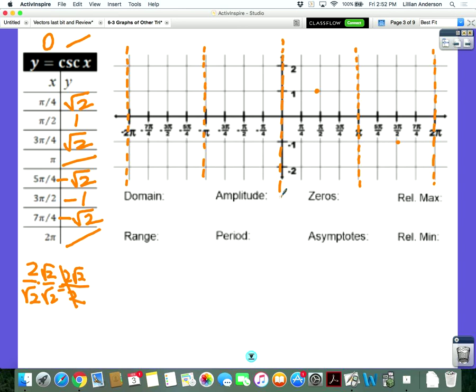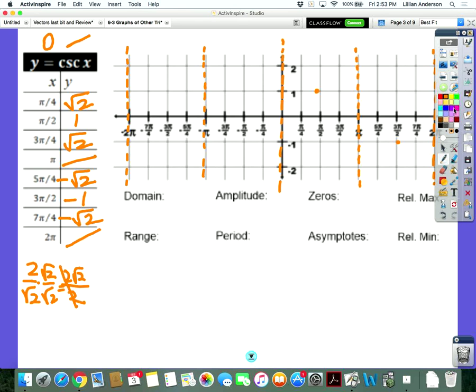Now to graph the rest of cosecant, because square root 2 is a little bit bigger than 1, we do have some asymptotes involved. The easiest way to graph a cosecant or secant function is to graph their reciprocals first. Secant with cosine, cosecant with sine. You have the picture of sine on the other flap.